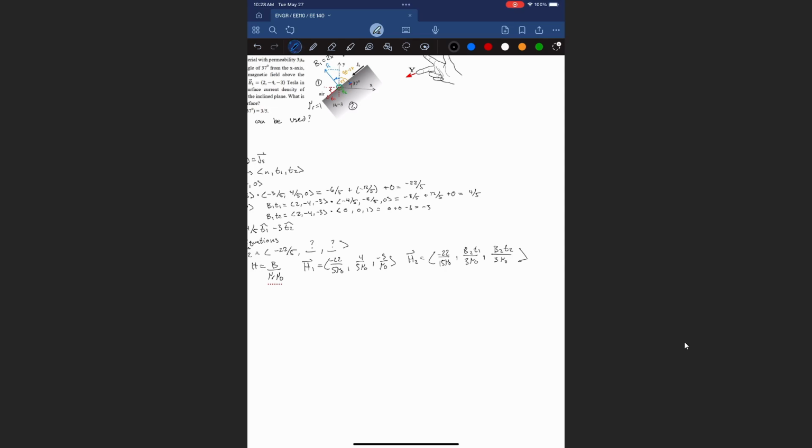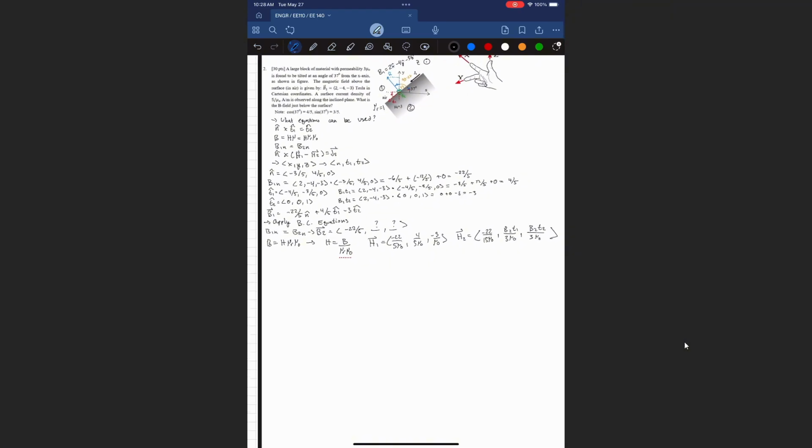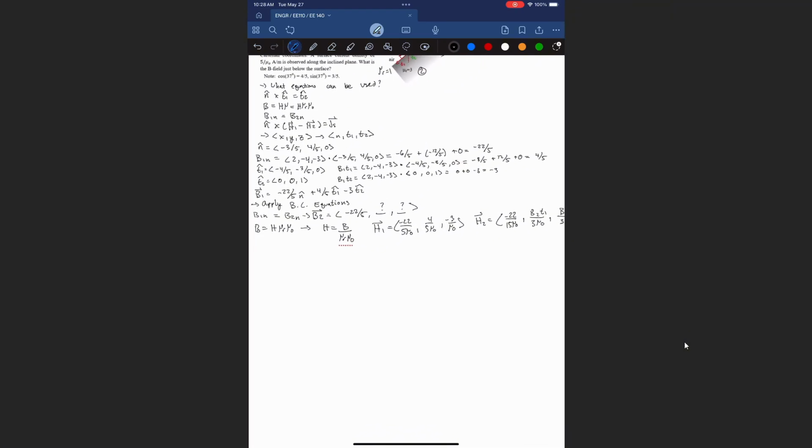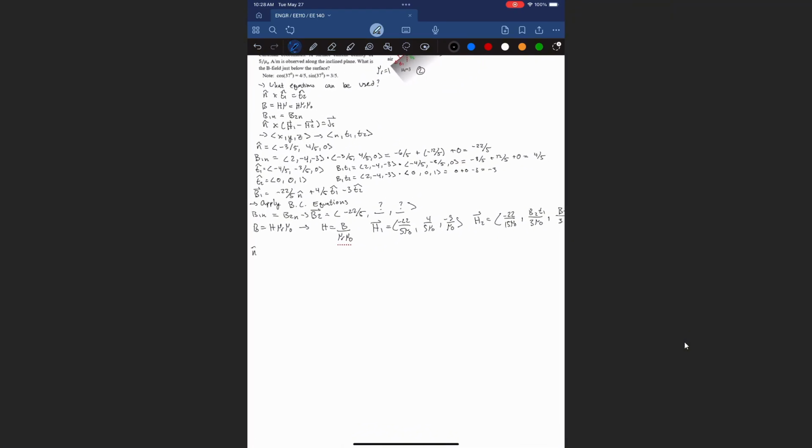After this, it is possible to use the last boundary condition equation needed for this problem. This equation is the n hat crossed with the vector of H1 minus the vector of H2, which equals the vector of JS.